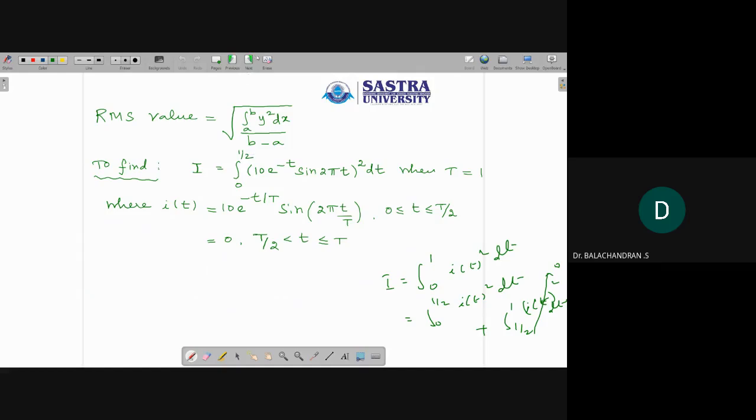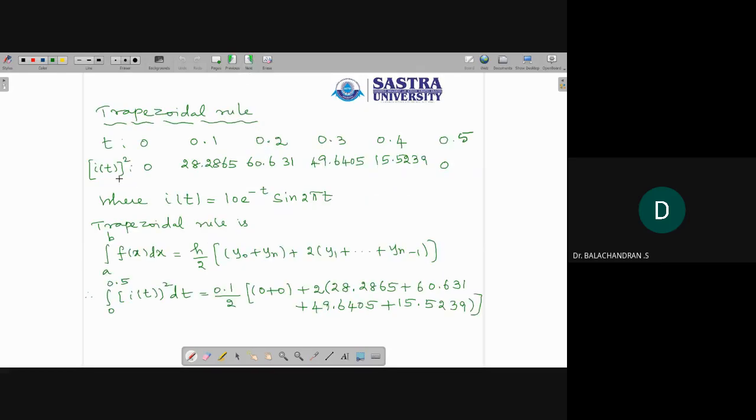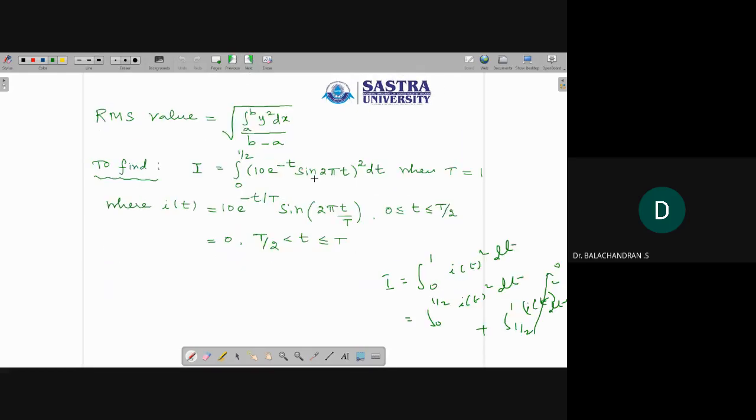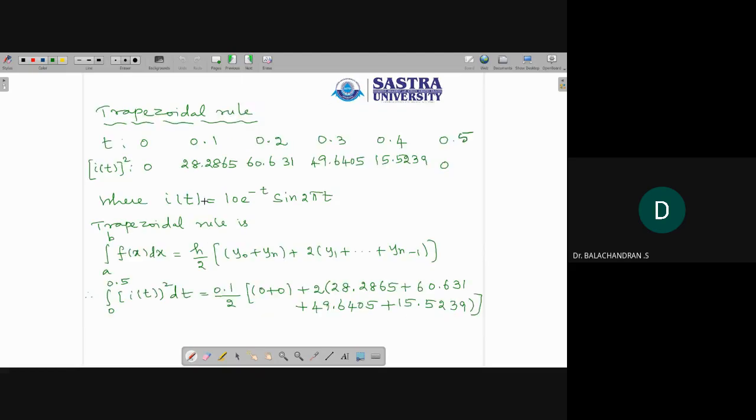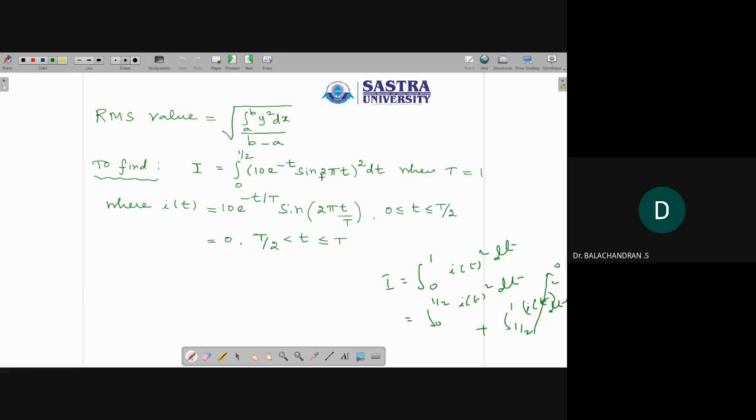Now I need I of t square, because this is I of t whole square, where I of t is 10 into e power minus t into sine 2 pi t. This is I of t. I need I of t square.